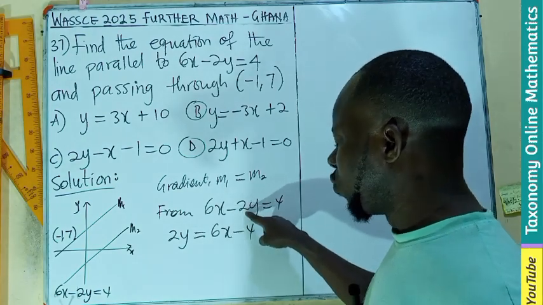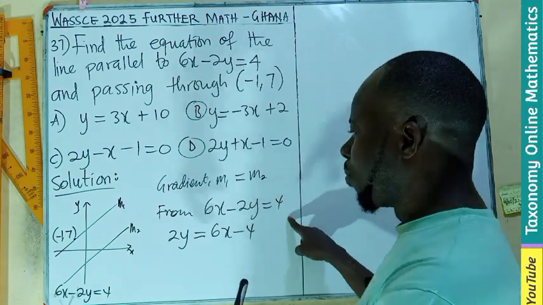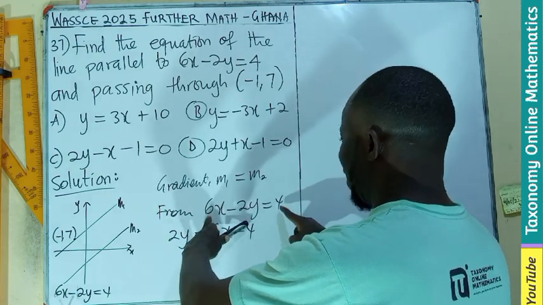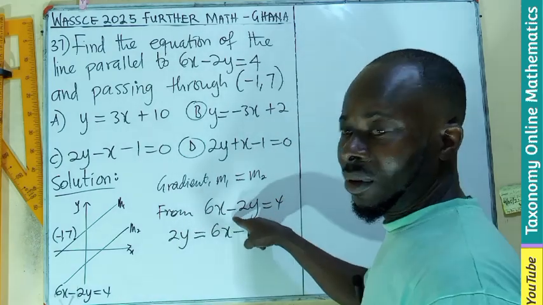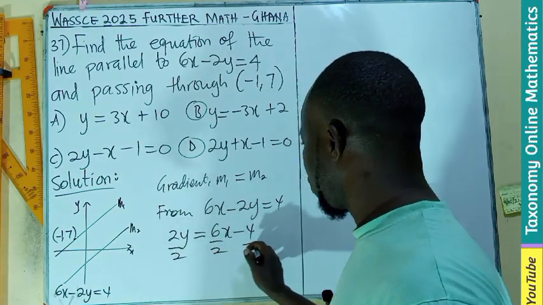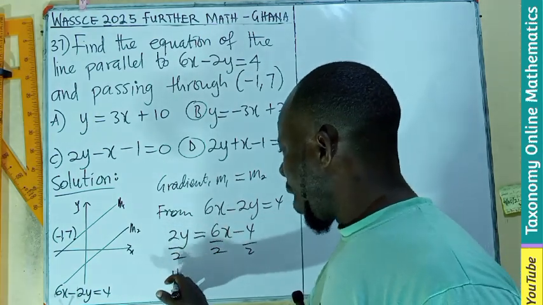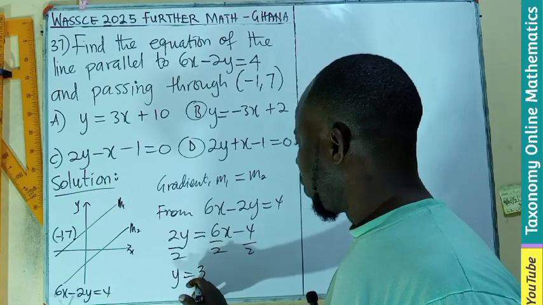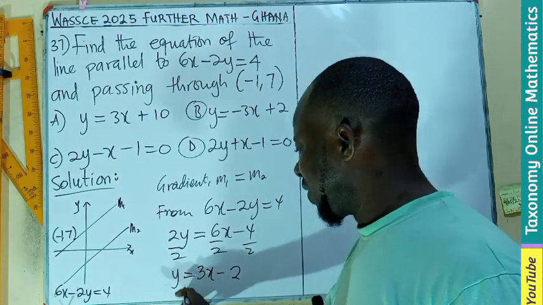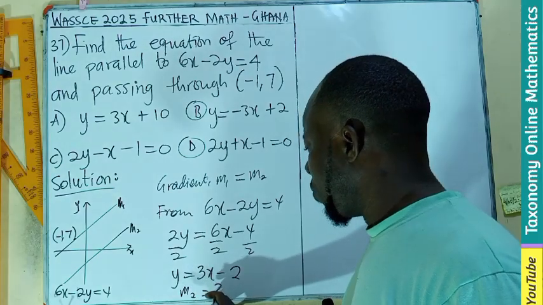This is minus 2y, which is coming to become positive 2y. 6x remains where it is, then positive becomes negative. So now we divide both sides by 2. So from here, y is going to be equal to 3x minus 2. Then that means that your M2, which is the gradient, will become 3.